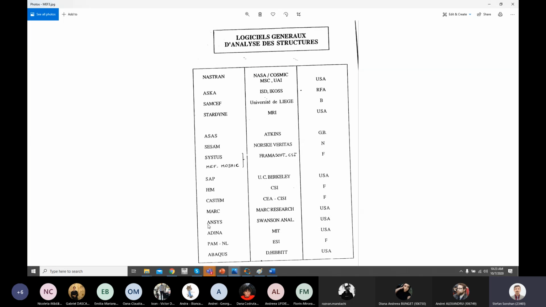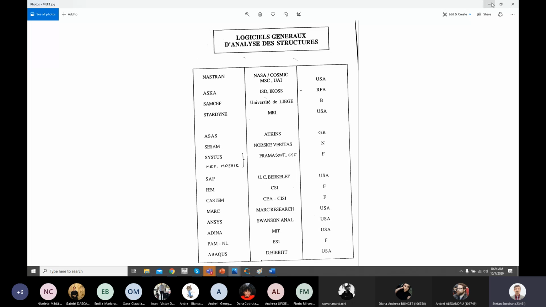FEMCAD, FEM, MARC, ANSYS. ANSYS was developed starting with 1970 exactly, and as I showed you before a little bit about ANSYS, Adina, PAM, and Abaqus, there are a lot of finite element codes, but the most important now are Nastran and ANSYS.